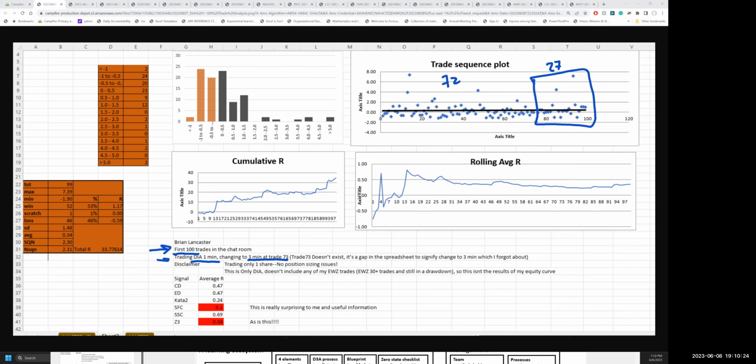That might be worth looking at. And it's trading live, only one share, so no position sizing issues. That may be the most important feature of the whole thing.